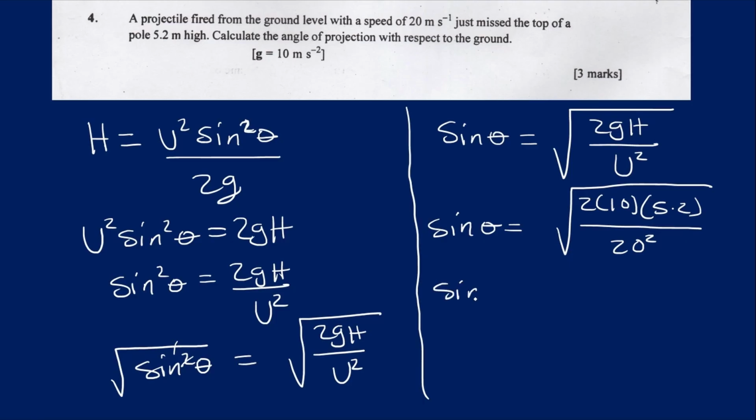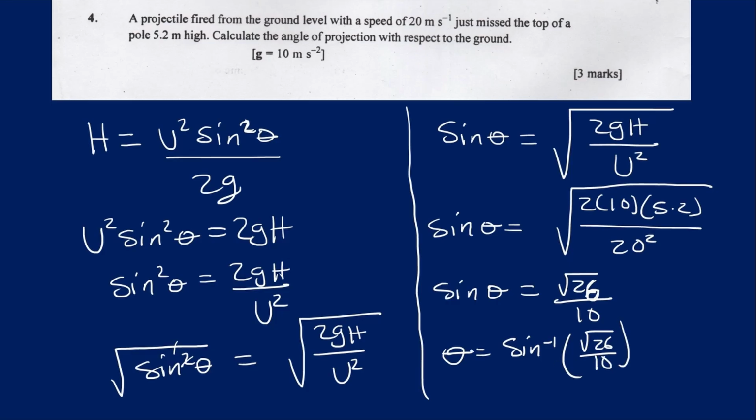So sine theta will be equal to, when we compute this, root 26 on 10. And we are looking for theta and not sine theta. So theta will be sine inverse of root 26 on 10, which gives 30.7 degrees.